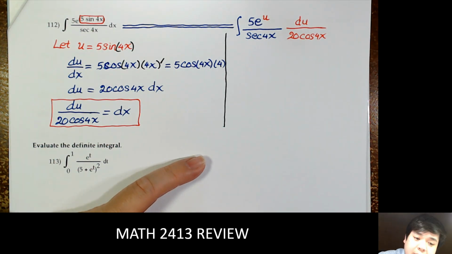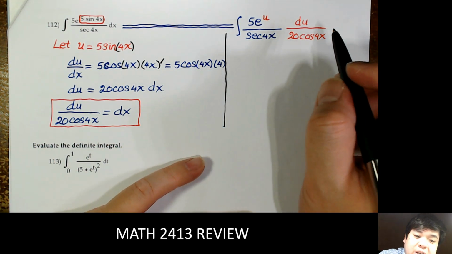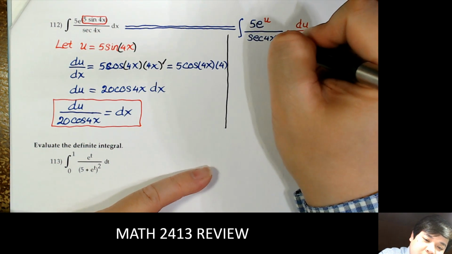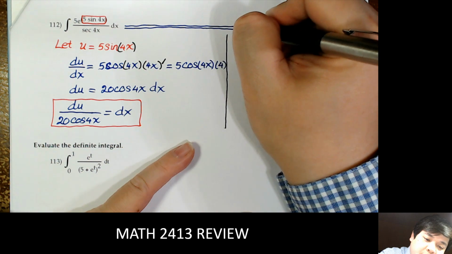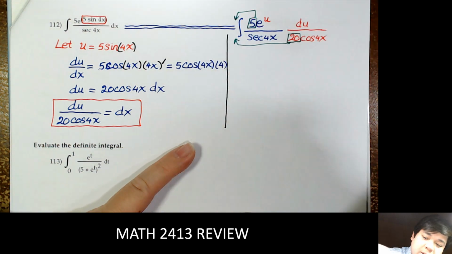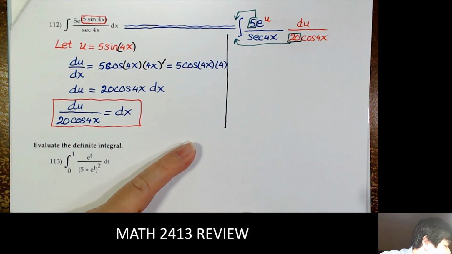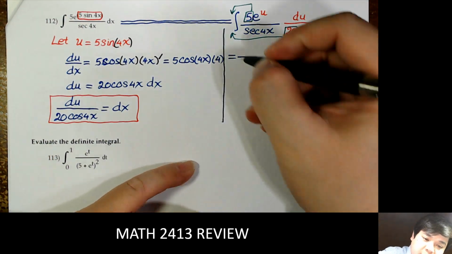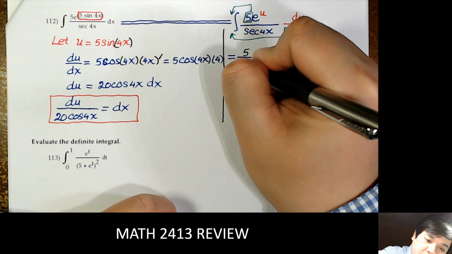Of course, not quite cancelled yet, but that's fine. We can take the 20 outside at the bottom, the 5 on the top. So we have 5 on the top, 20 at the bottom.